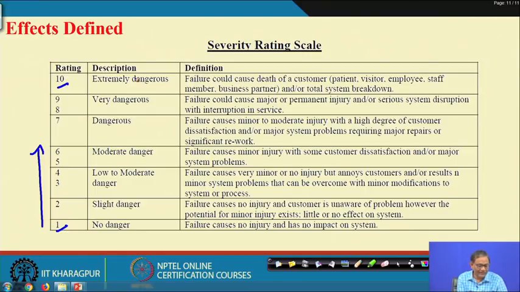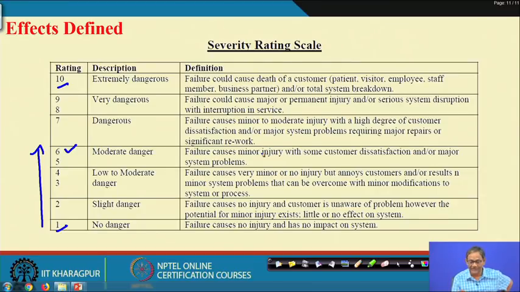In between you find out. Sometimes what happens, it may be a 6, failure causes minor injury with some customer dissatisfaction and or major safety system problems. Okay. So, it need not require that you follow this particular 10 point scale.